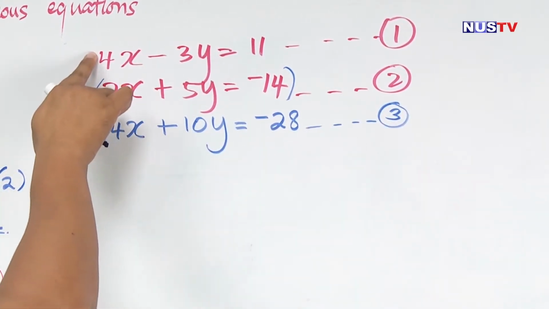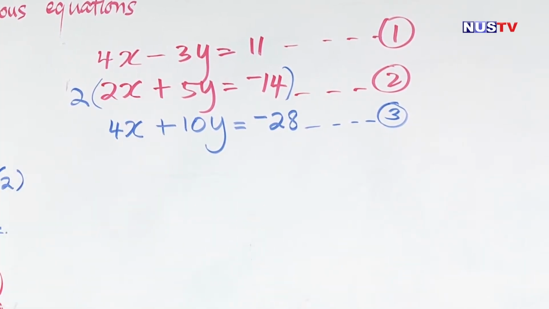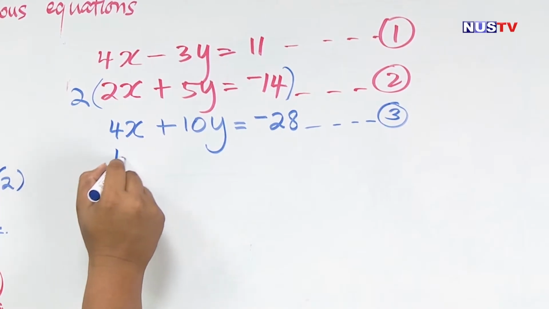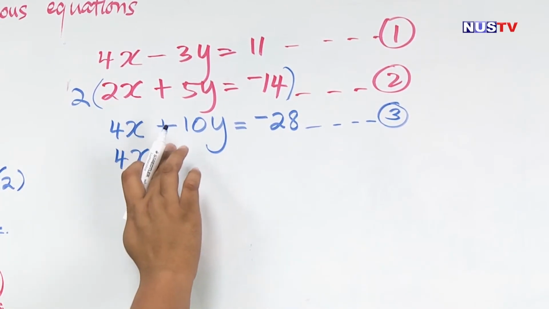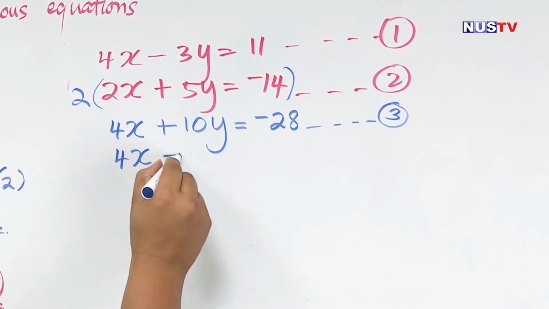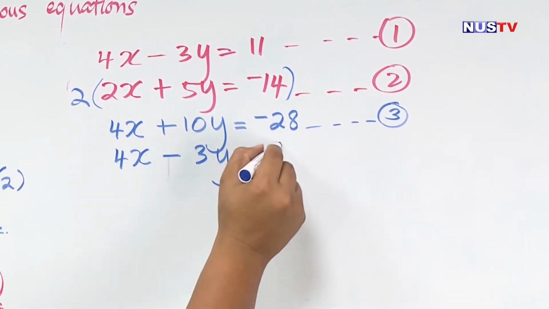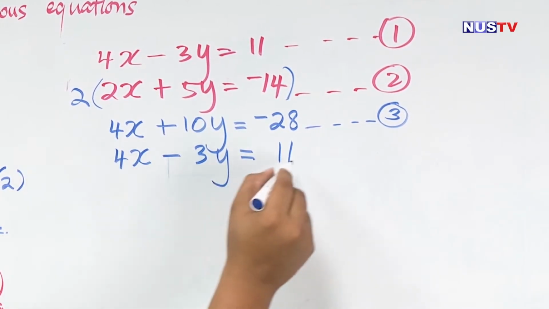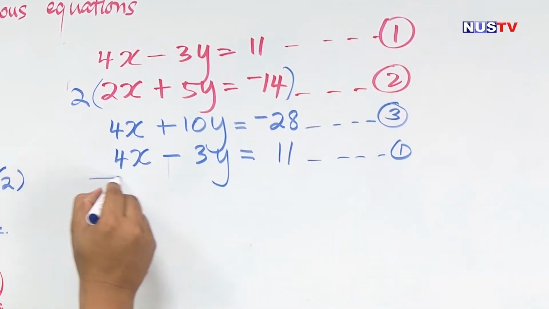Now we are going to compare, or use, our equation 1 to do our elimination. Let's put it here in order for us to easily identify what we're going to do. So 4x minus 3y is equal to 11. This remains the same. Again, this is our original equation 1.